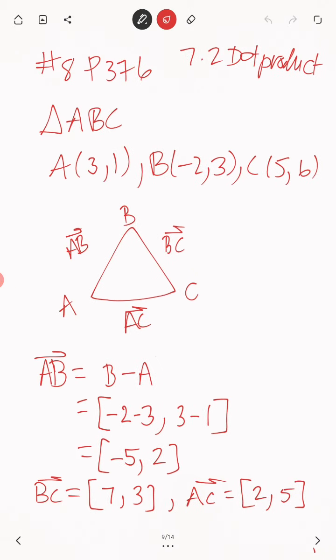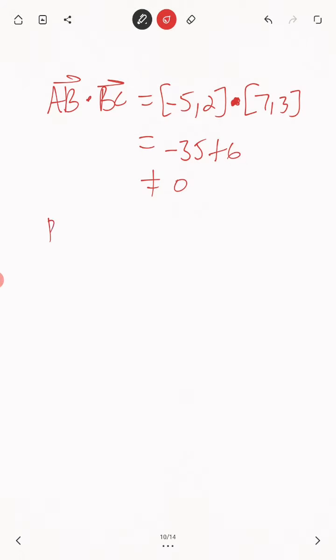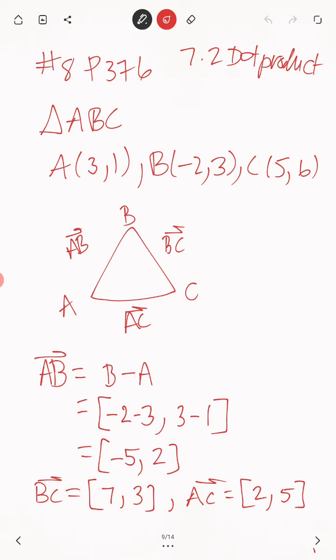Let's check BC and AC. BC dot AC. BC is 7, 3. AC is 2, 5.